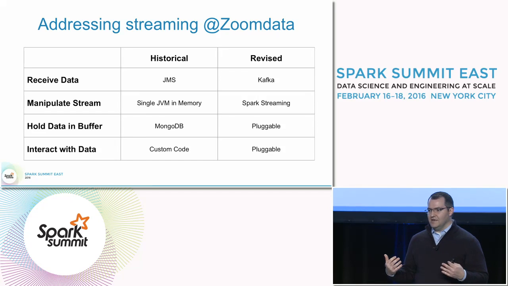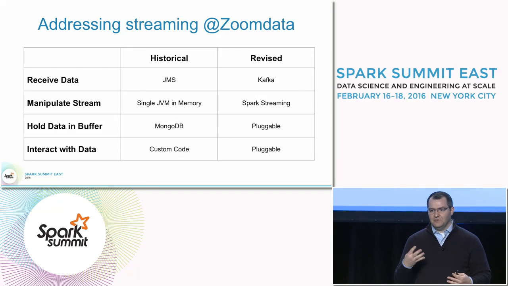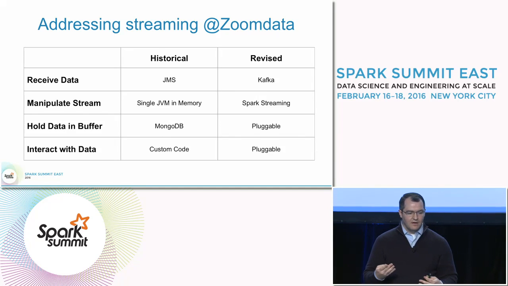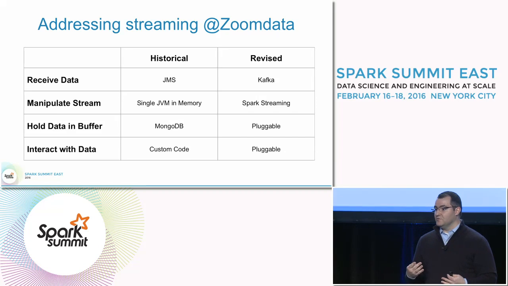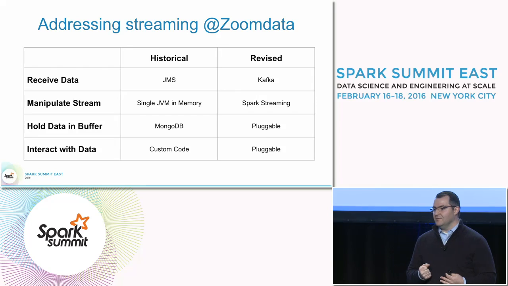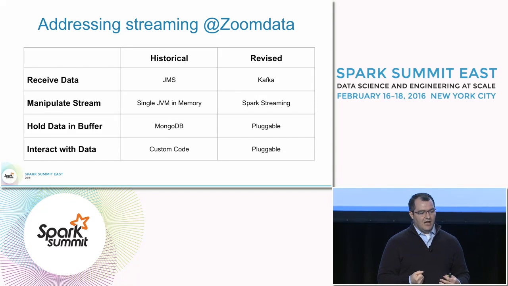When we started to see that, we noticed there were four main things people were doing that we needed to address. One is we need to be able to receive the data in a scalable way. We need to be able to manipulate the stream to do things like aggregate it up to a level where a human can interpret and understand the results.